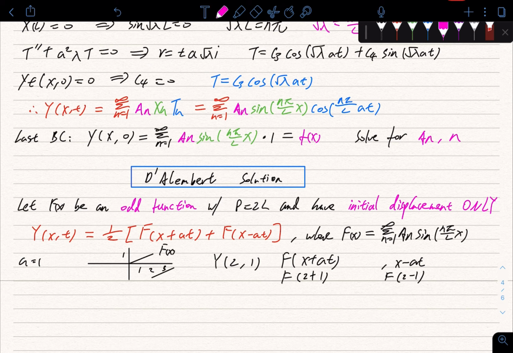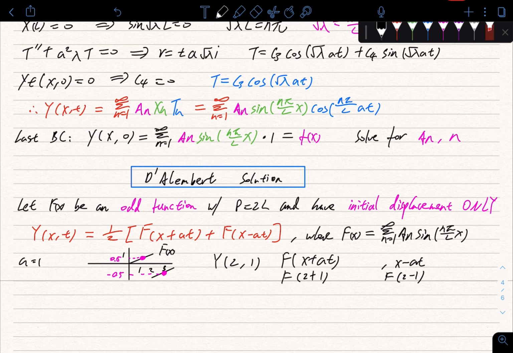So your value at 3 will be right here, and then 1 will be right here, and this corresponds to 0.5, and this corresponds to negative 0.5.